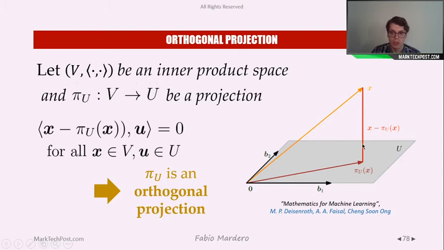In a generic projection, this vector could be anything, could have whatever angle to U. In orthogonal projection, since this condition holds, it means that this vector, the first term, should be orthogonal to u, which is a generic vector in the subspace.